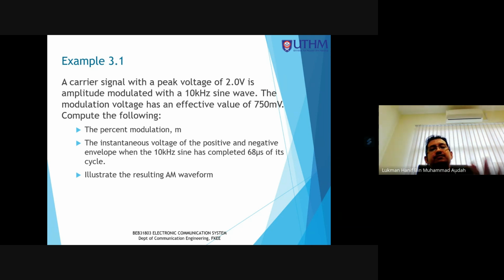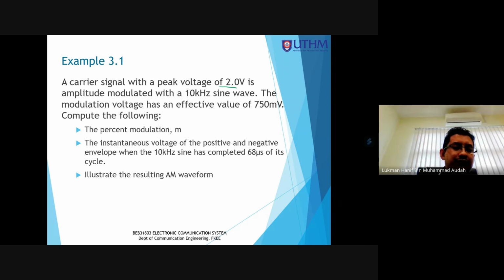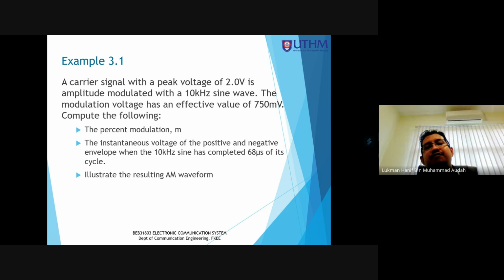So example 2.1: a carrier signal with a peak voltage of 2 volt. What does it mean?